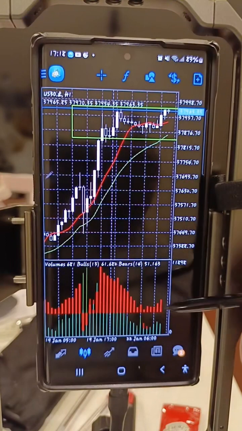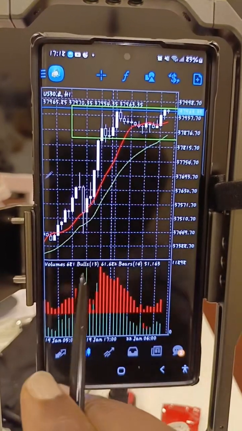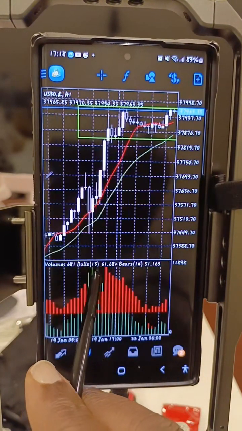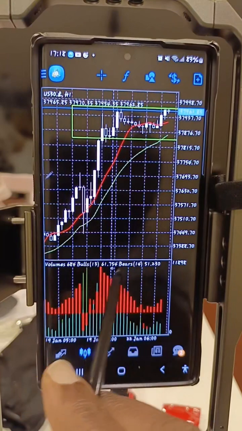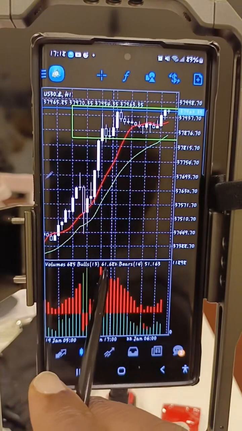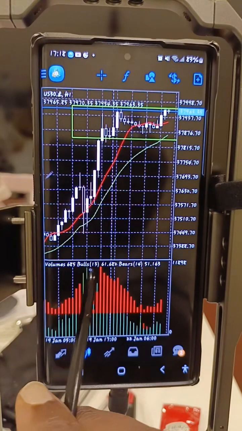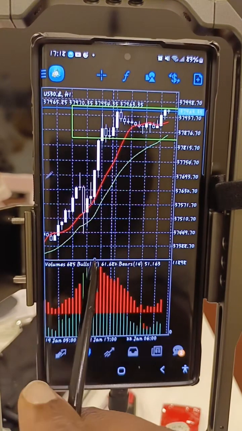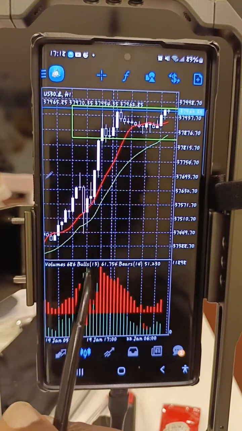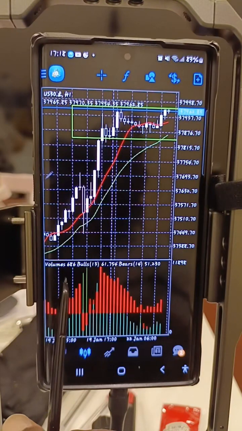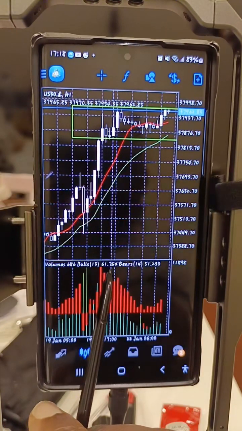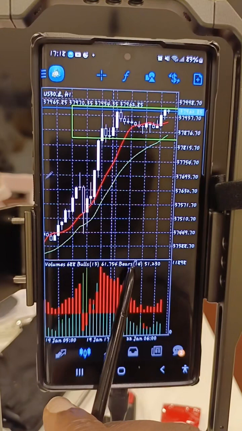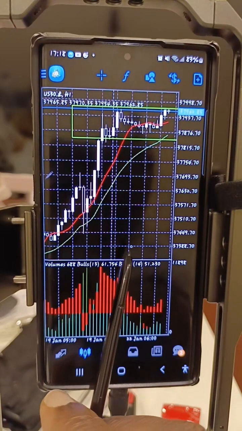Okay, I'll be looking to put a buy in, and I can see that here. If you look, the bull and the bear is in positive. That tells me that the bull is in control here. So you can see clearly, these are my quick markers here to help me, right? Just quick markers to help me.